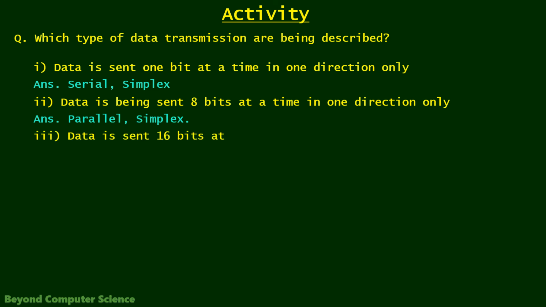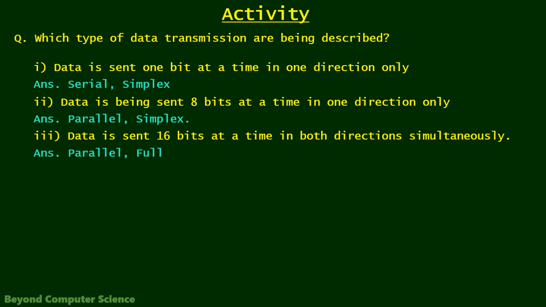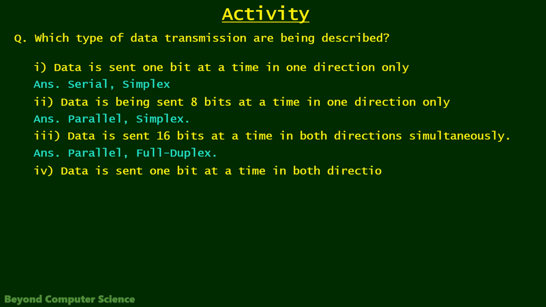The third one is data sent 16 bits at a time in both directions simultaneously. 16 bits at a time means parallel, and both directions simultaneously means full duplex. Next, data is sent one bit at a time in both directions simultaneously.